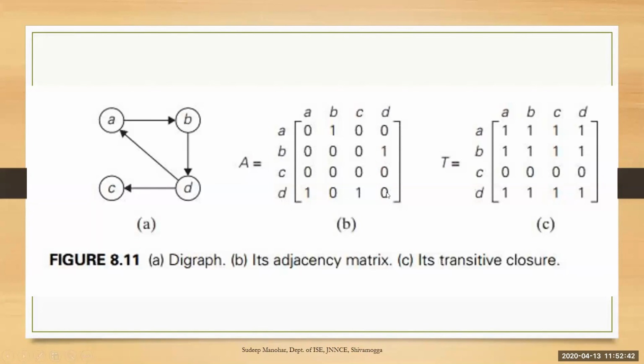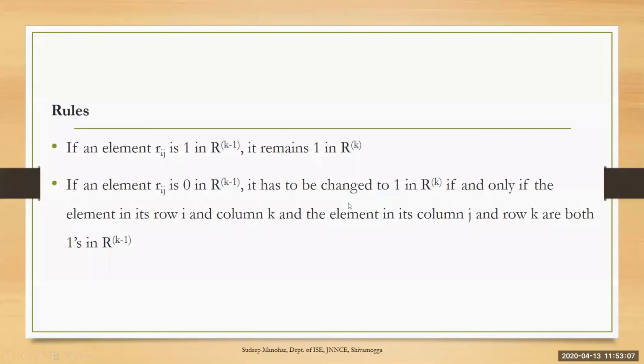So just the input for this algorithm is the adjacency matrix. I hope this is understood. Okay. So this is the input, A is the input, and T will be the output of Warshall algorithm. Now let us see how this adjacency matrix is being converted into transitive closure. Let us see in the next slides.